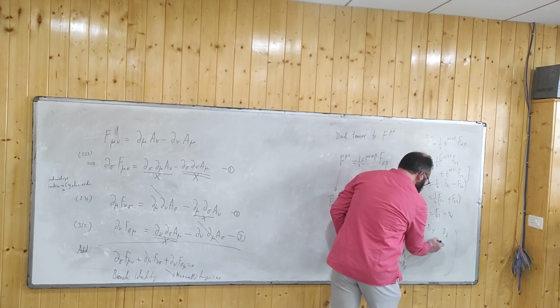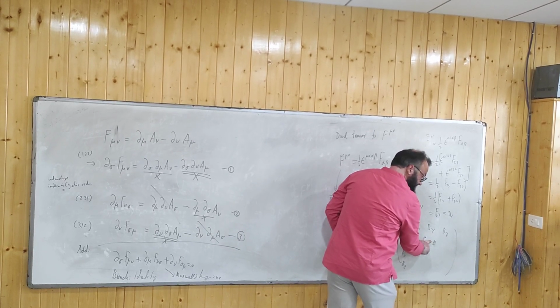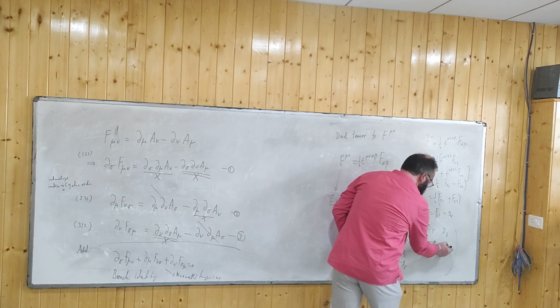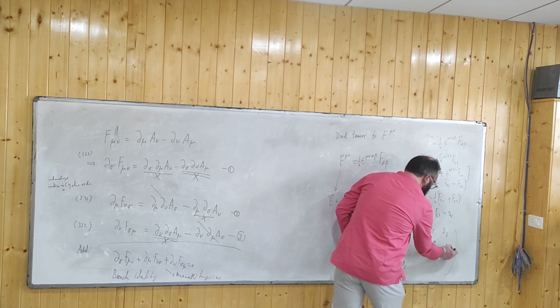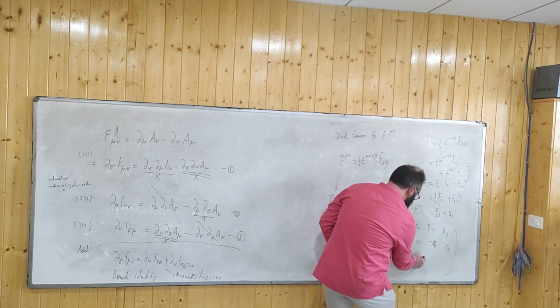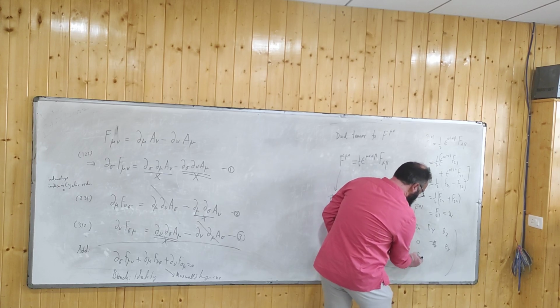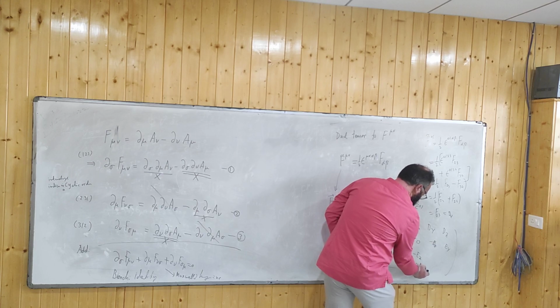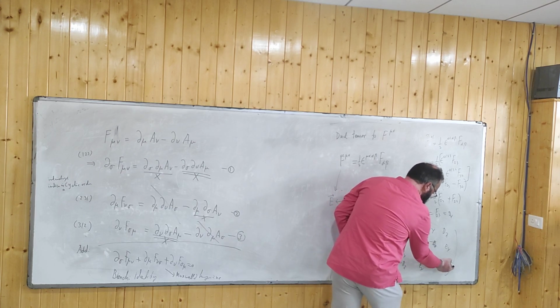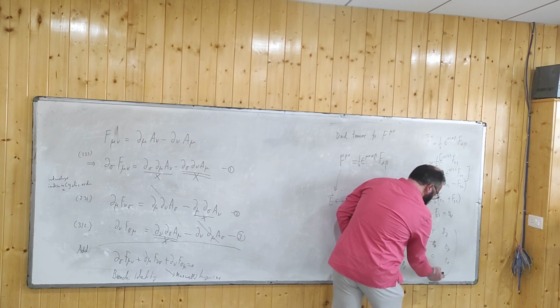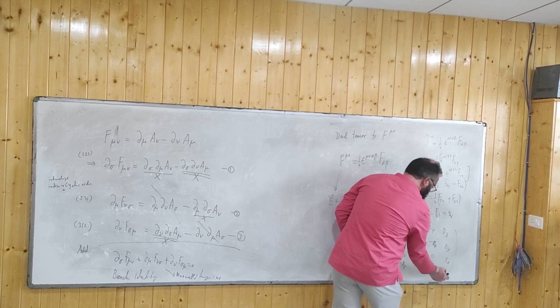So it's minus EZ. Then you are in EY probably. Then you are in EZ. Minus EZ. Sorry, EY. Then you are in 0. Then you are in EX. Just check it.